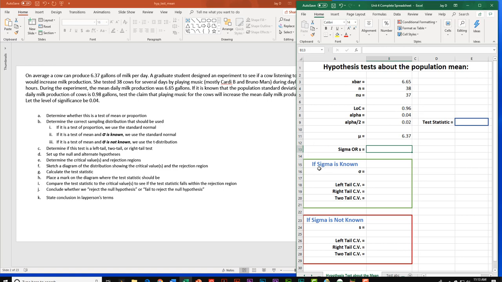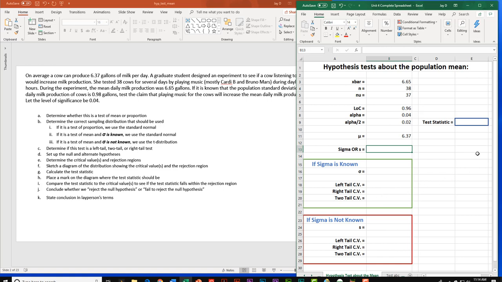In this green area, that'll deal with everything if it is a sigma, and this little red area if it's an S value. You just have to know which box to look in in order to determine what your critical values end up being.